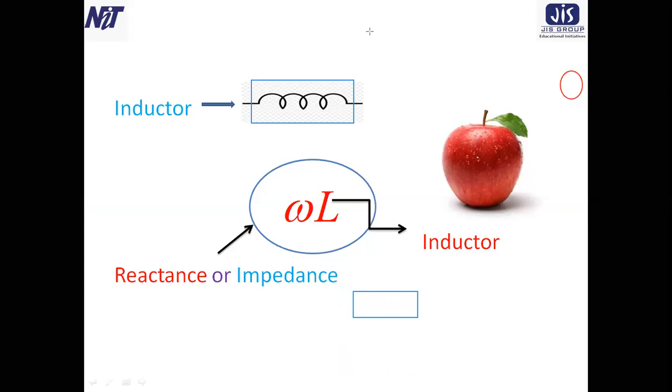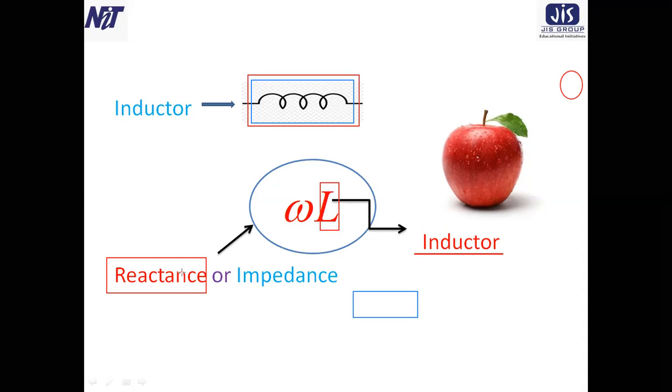So what is the name of this symbol? This is called the inductor. And what is omega L? Omega L is called the reactance. And omega, you know, the value of omega is 2 pi f. And what is L? L is the inductor.